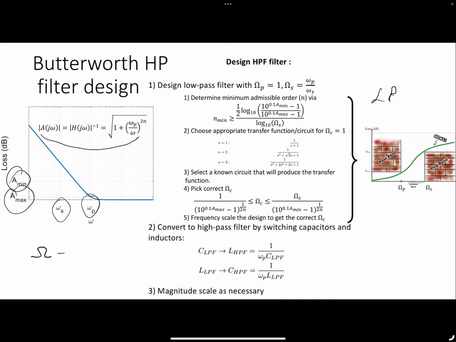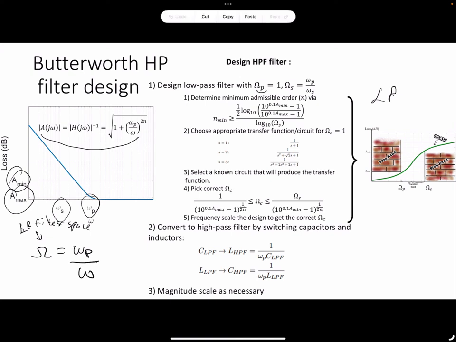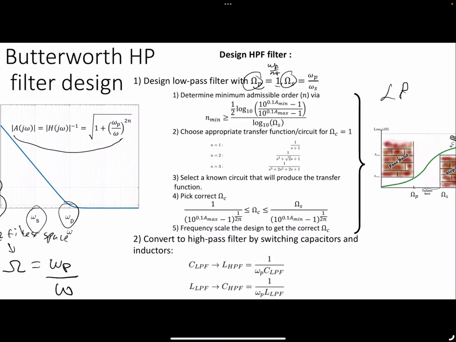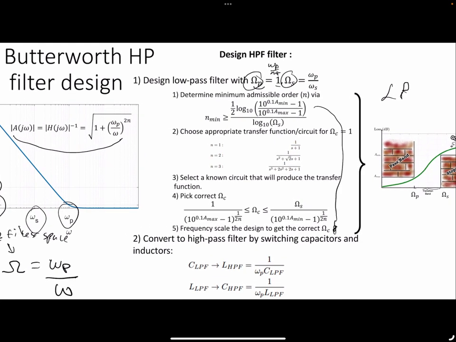Capital omega, which is in my low-pass filter space, is omega p over omega. So in that case, capital omega p is just 1, or omega p over omega p. And then capital omega s is just omega p over omega s. Once I have these, I'm just going to design a low-pass filter to meet those specs.